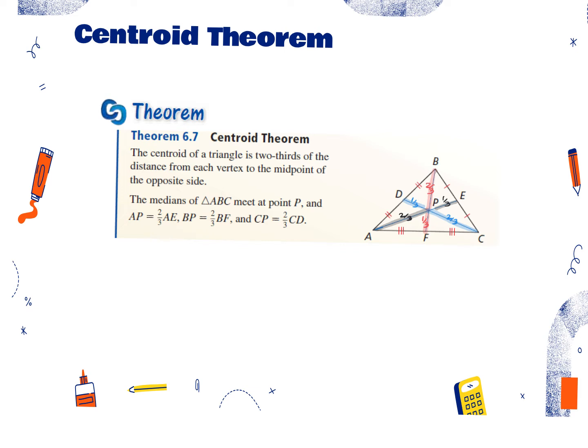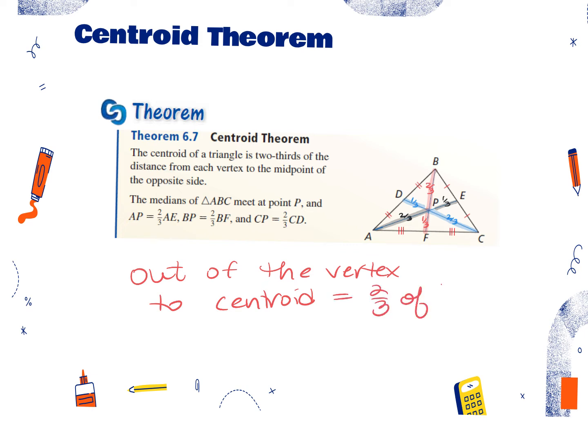So again, just to summarize what I just said, out of the vertex, coming out of the vertex to the centroid, the length of that piece is going to be 2/3 of the length of the entire median.